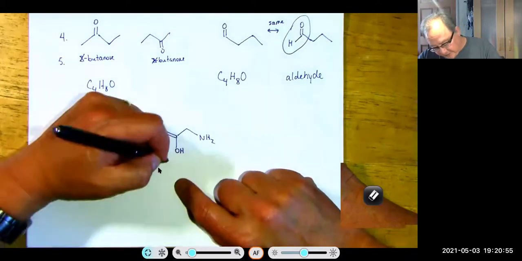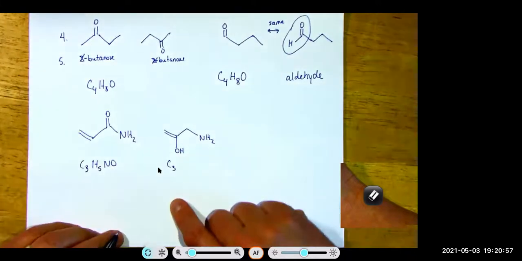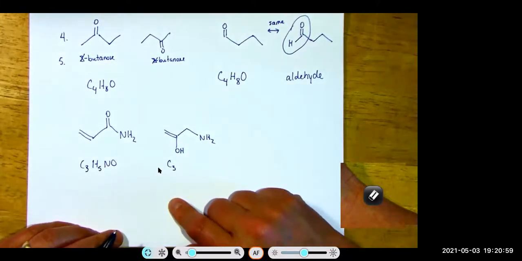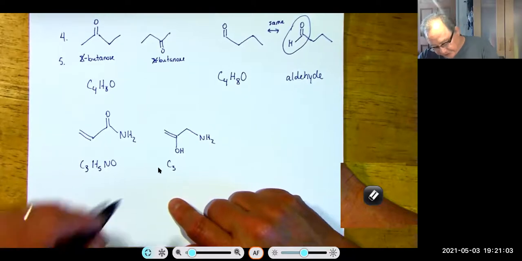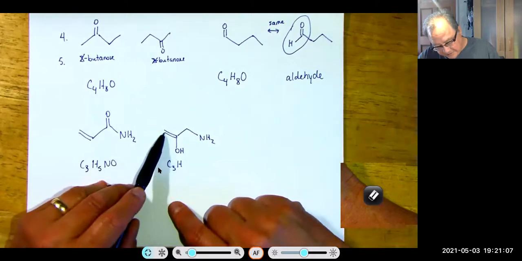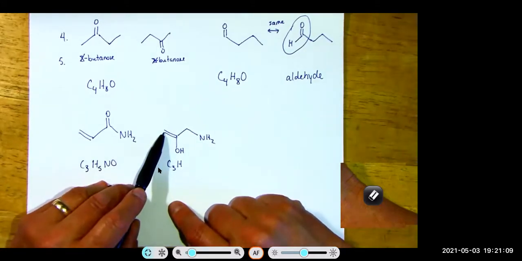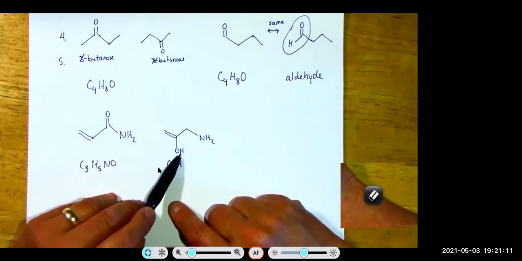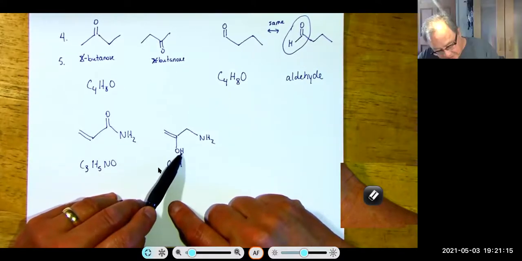Is this C3? Yeah. How many hydrogens? How many here? 2. How many here? 3. 1.